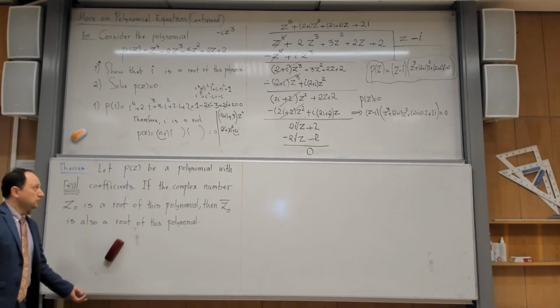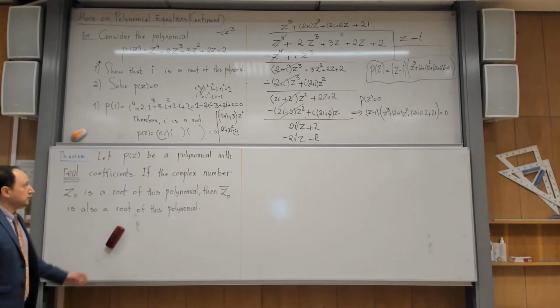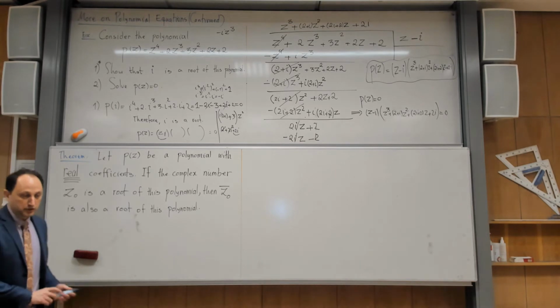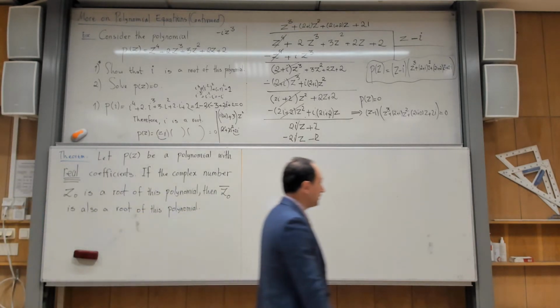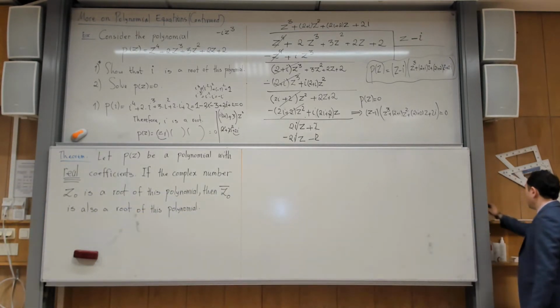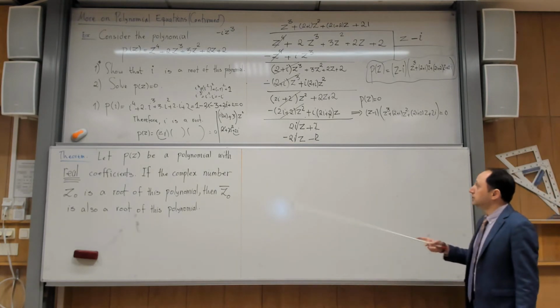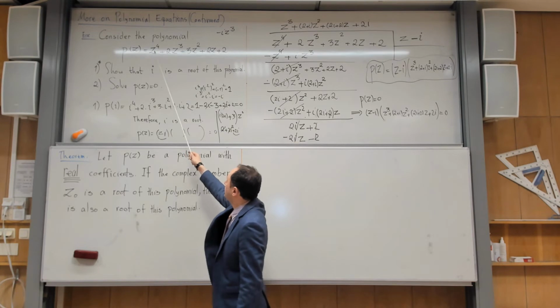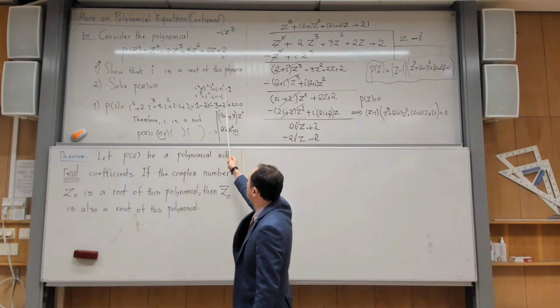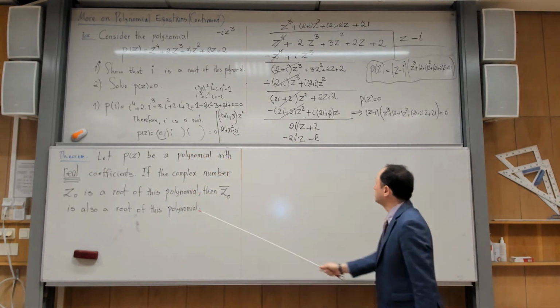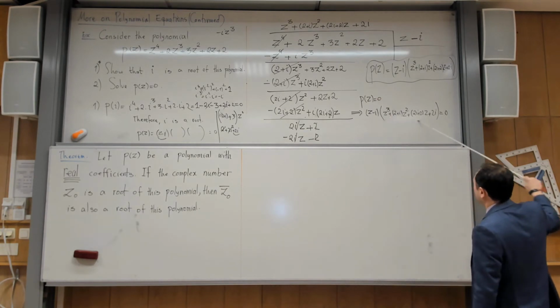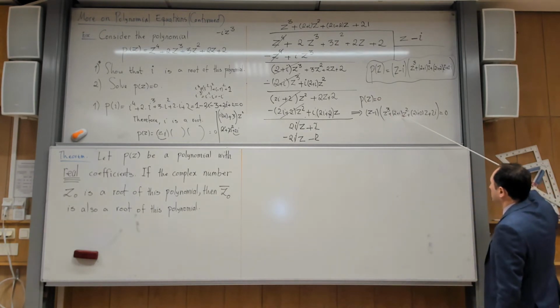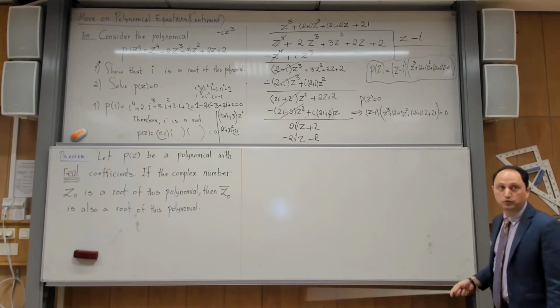Okay, but this is not for all types of polynomials, only for polynomials whose coefficients are all real. For example, this rule works for this polynomial because the coefficients are 1, 2, 3, 2, and 2, which are real, but this rule does not apply to this other polynomial because its coefficients are not all real.